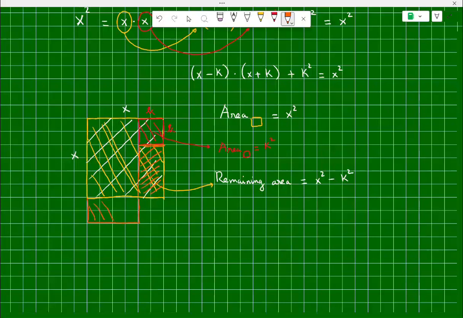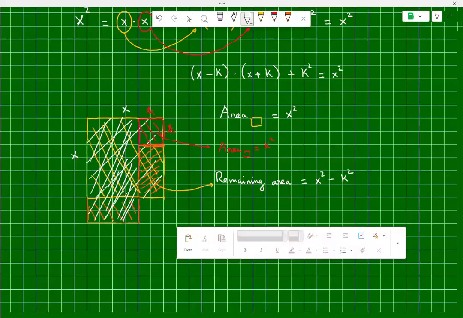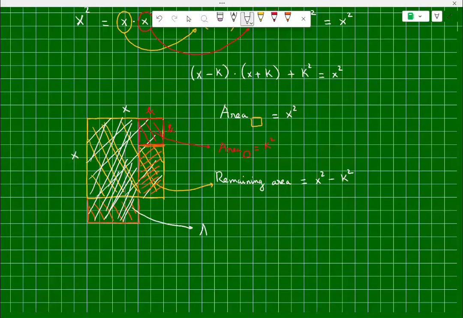Then what I get is a slightly larger rectangle, the one I just highlighted. This rectangle will have the same area as the remaining area that we saw before, so its area is equal to x squared minus k squared as well.